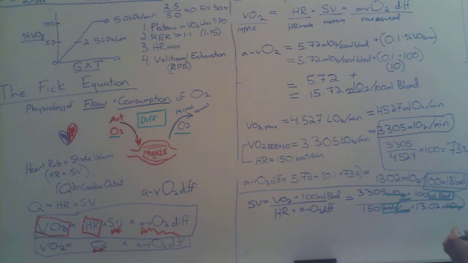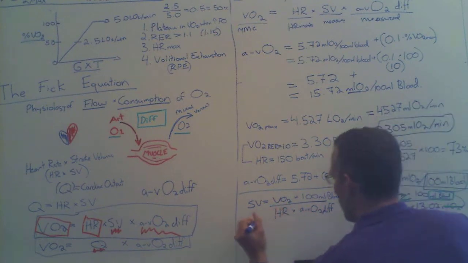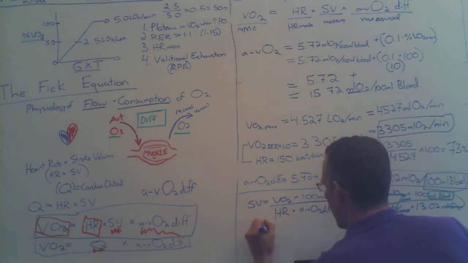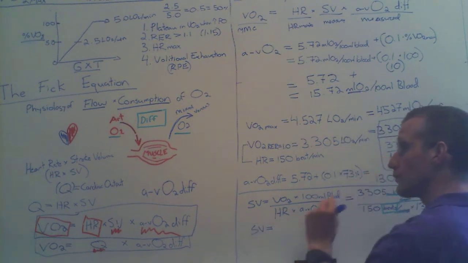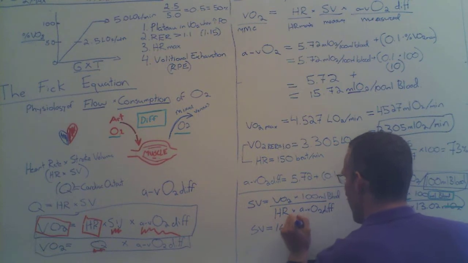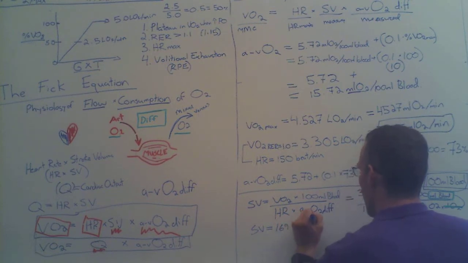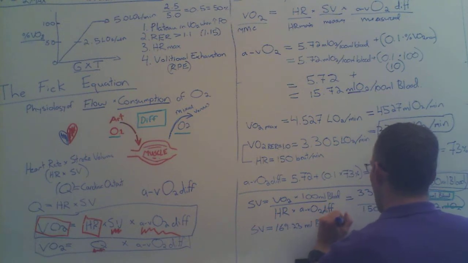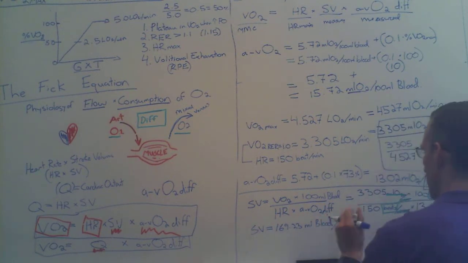So when we get our answer, 3,305 times 100 divided by 150 times 13.02, stroke volume is equal to 169.23 milliliters of blood per beat. Let's just circle that.